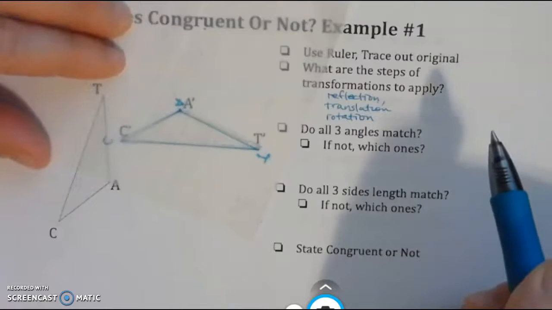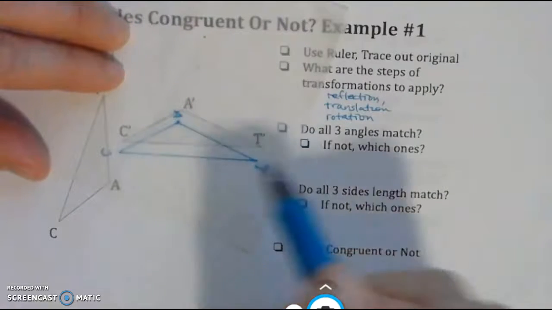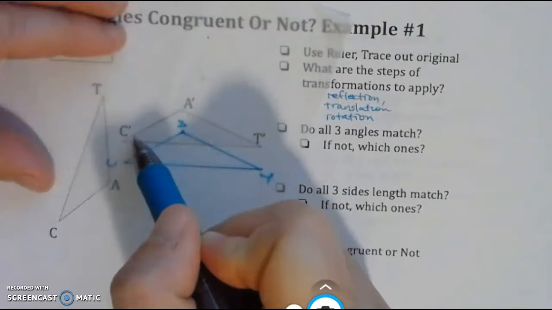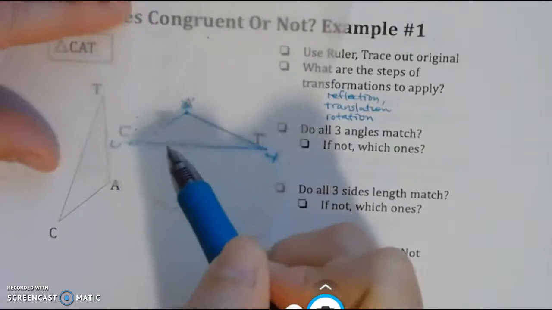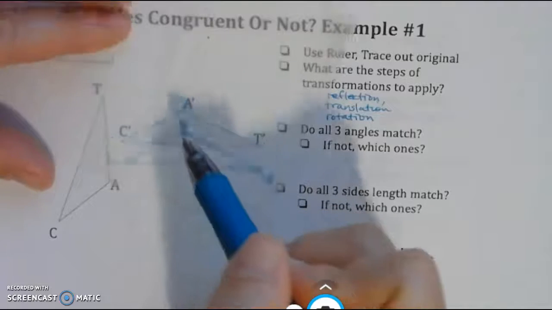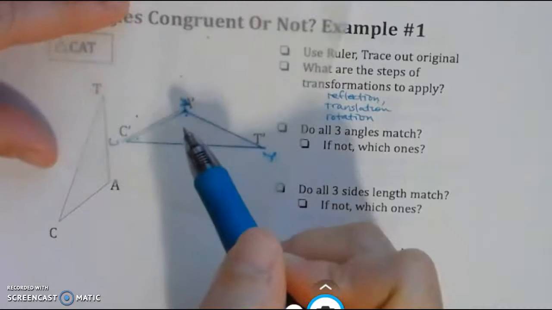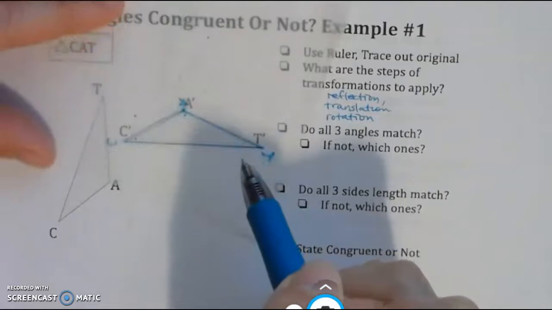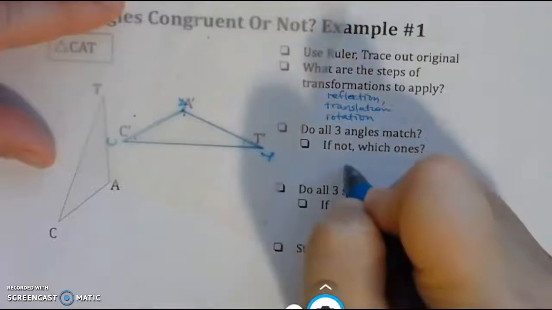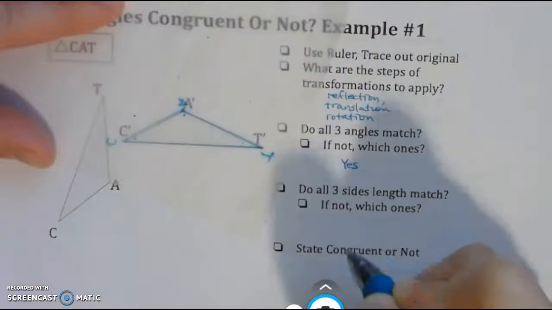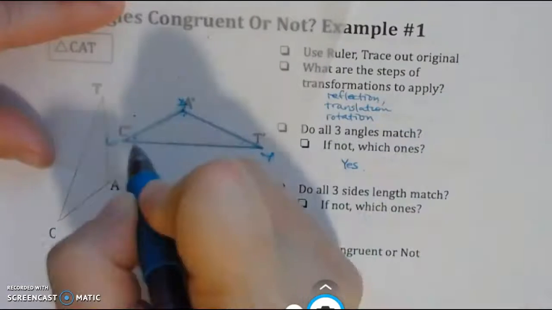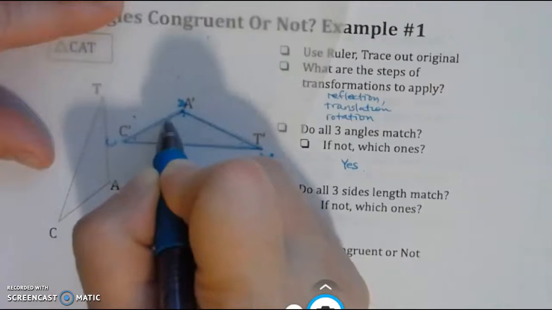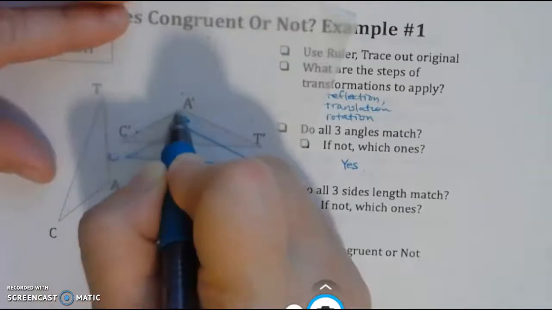And when I do that, do all angles match? Does this angle here match with this angle here? Yes, they do, right? Does this angle and this angle match up exactly in measure? Yes. And this angle here, they match up exactly in measure as well. Do all side lengths match? Do you think this side length CA matches with C prime A prime?